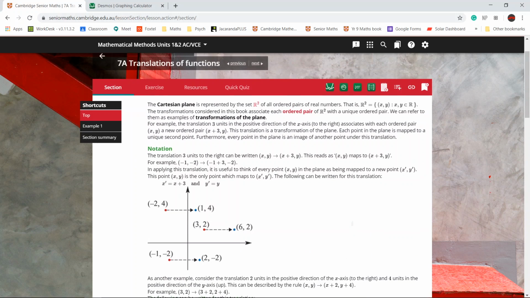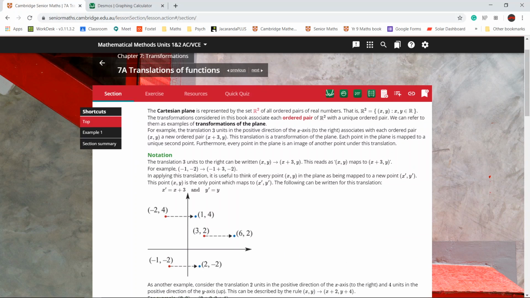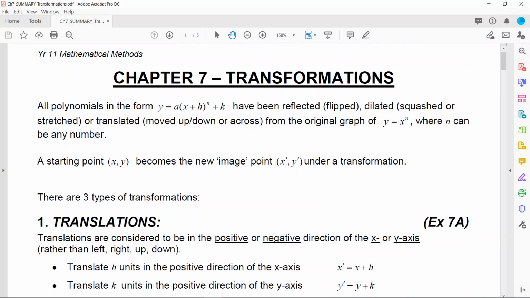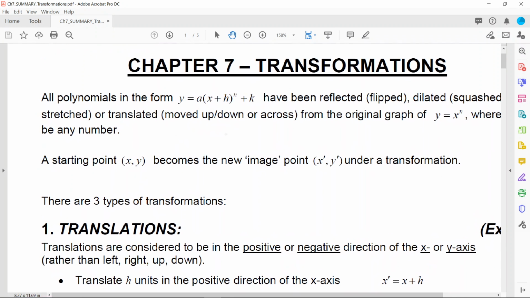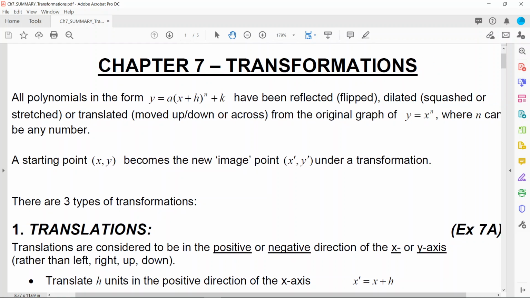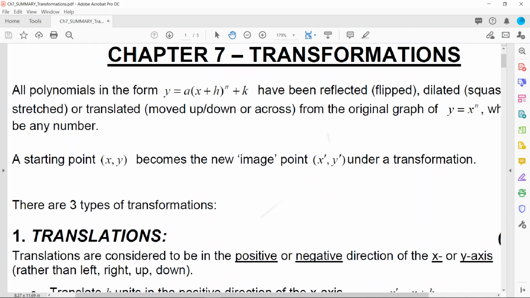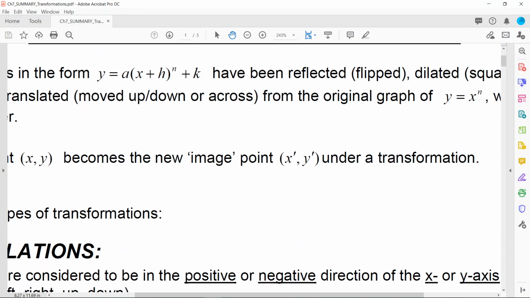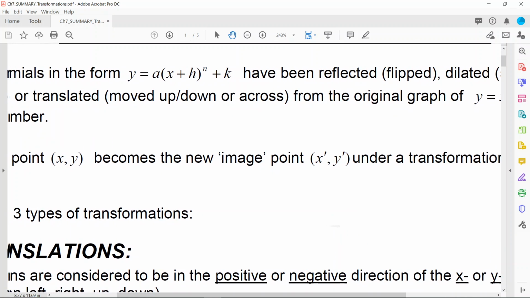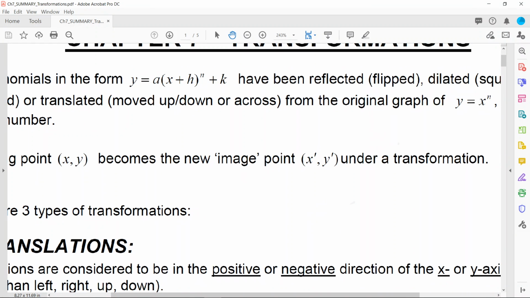You can have a read through this in your own time, but the main thing to remember, the new part, and I'm going to pull you over to your summary notes up on your shared drive, is that as a starting point we use x, y, just like we did with any Cartesian points, and when we transform that into something new, the new point that correlates to that first point is what we call the image. We use this notation with the little x dash, y dash. So the new point is x dash and y dash, and we call those points the image, the image of x and the image of y.